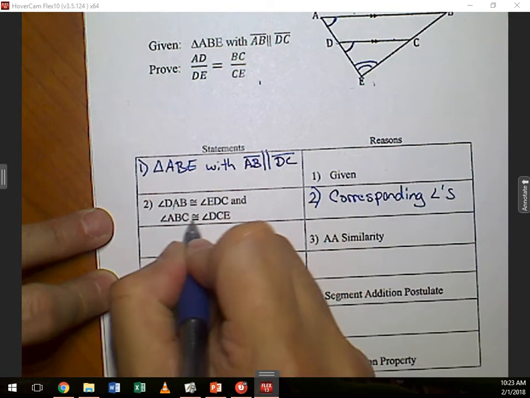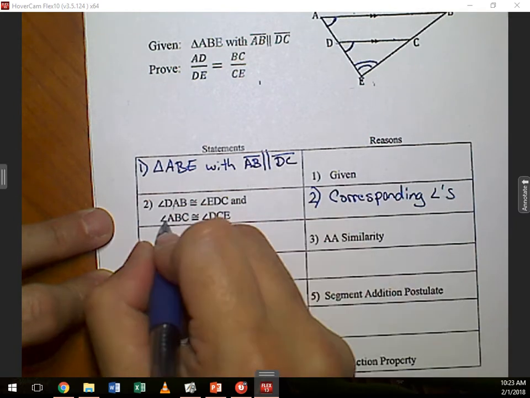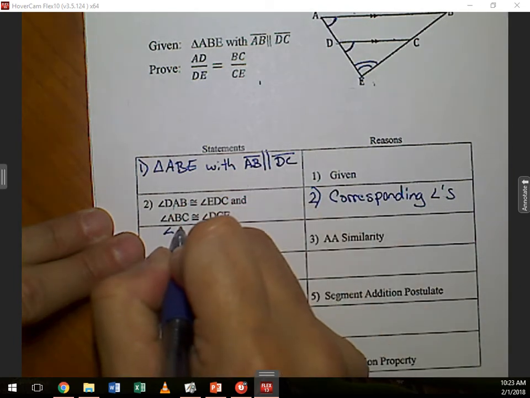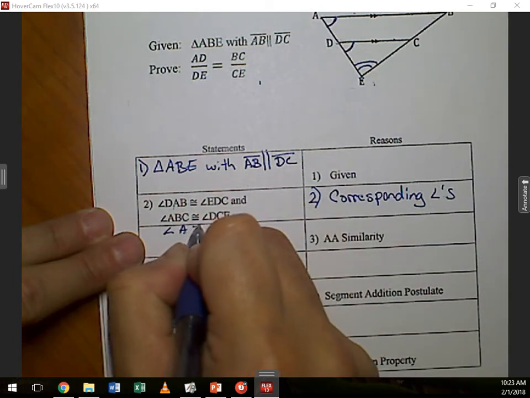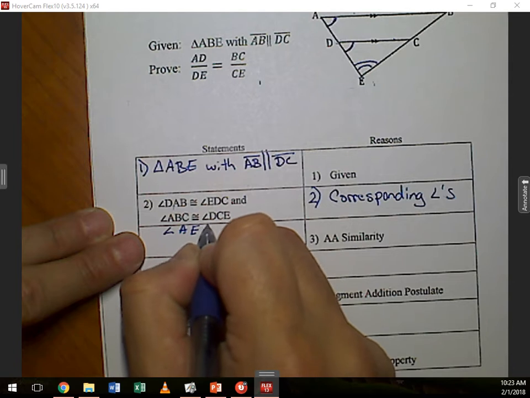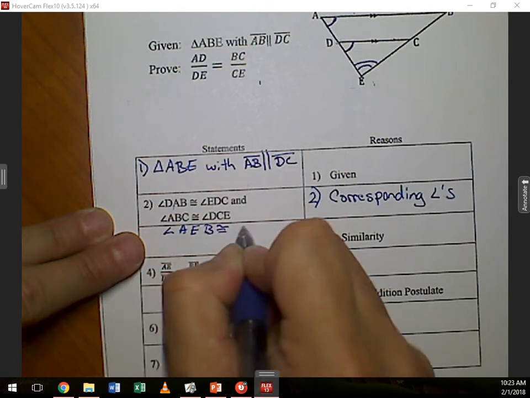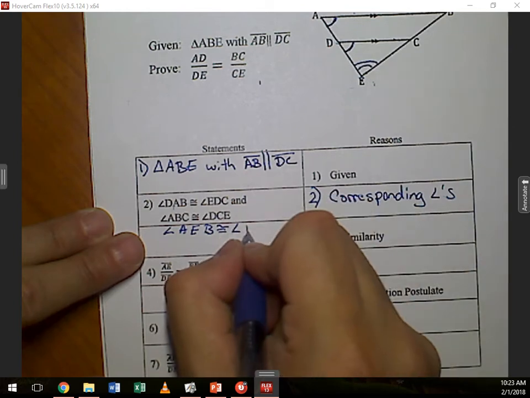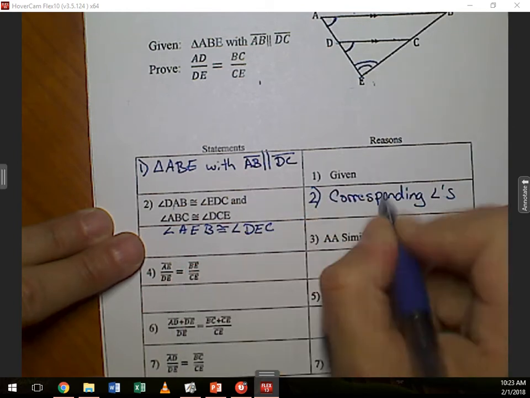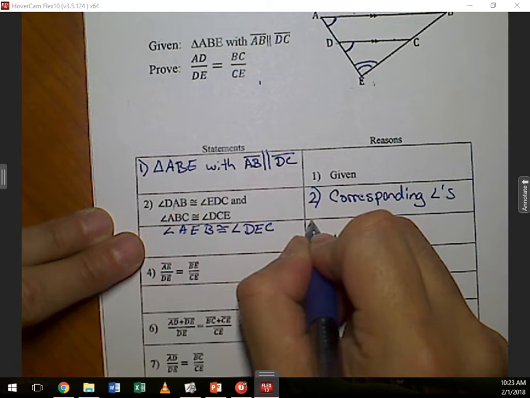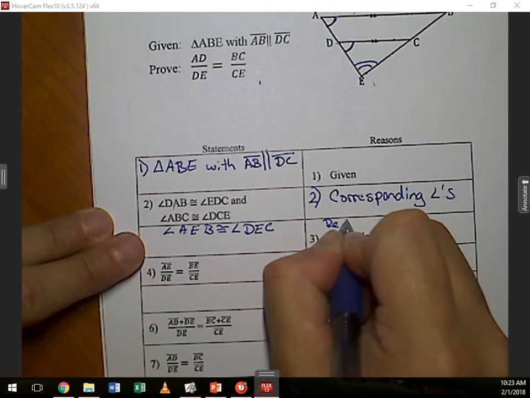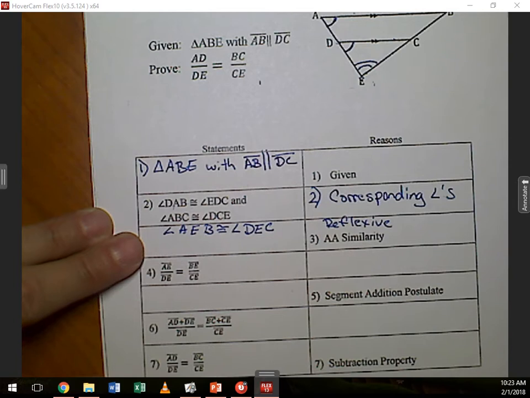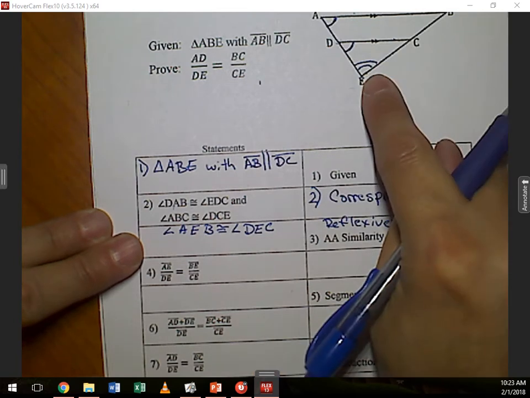Angle AEB is congruent to angle DEC. And that one's going to be my reflexive. So that's one thing that's easy to pick out.